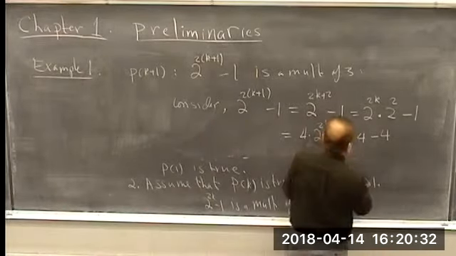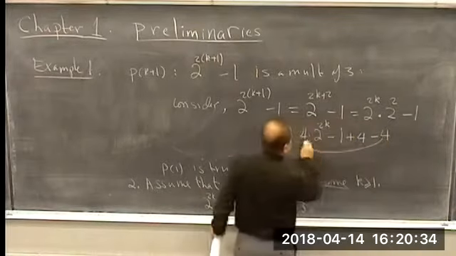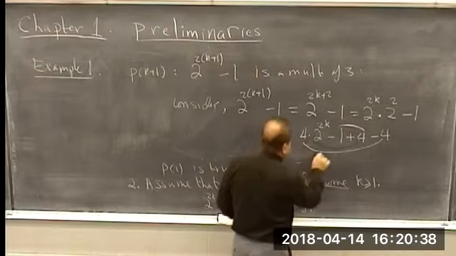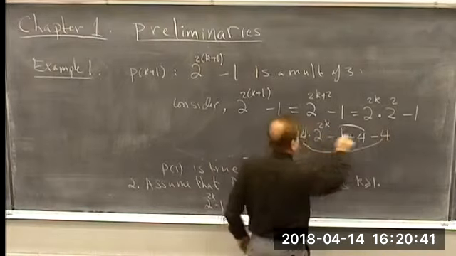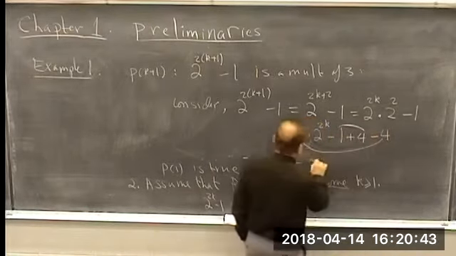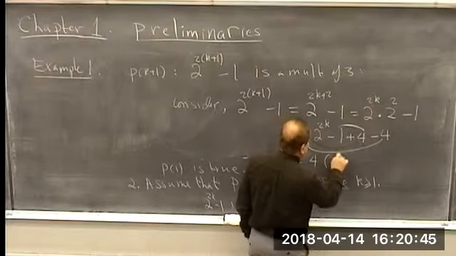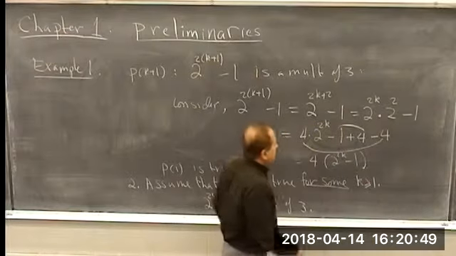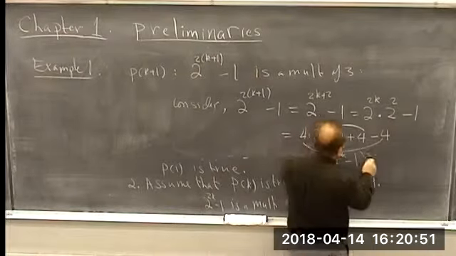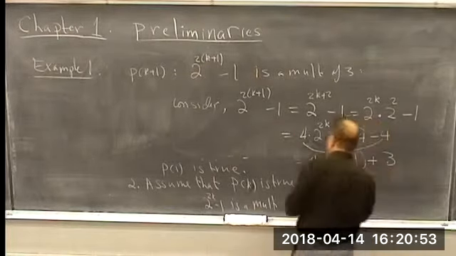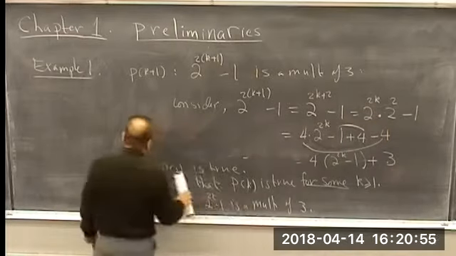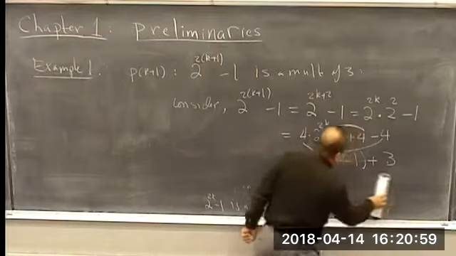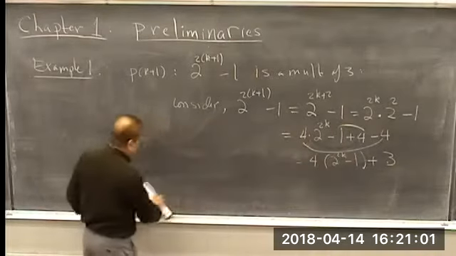So let me group these together, and group these together. Now 4 becomes a common factor. So we could write 4 times (2 to the 2k minus 1). And then the minus 1 plus 4, that's equal to 3. So we're coming up with an expression that we know is a multiple of 3.